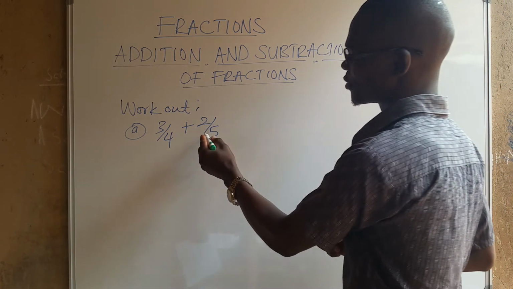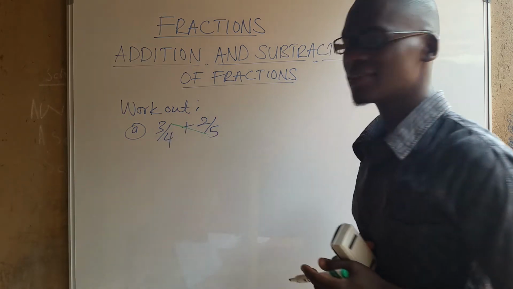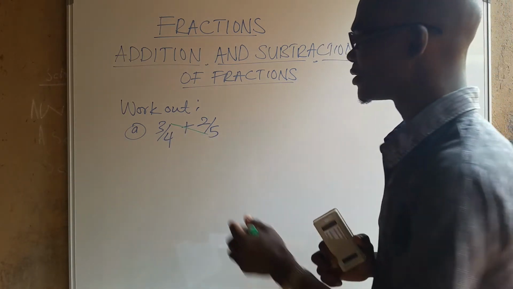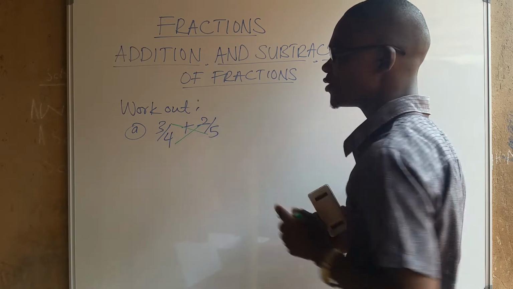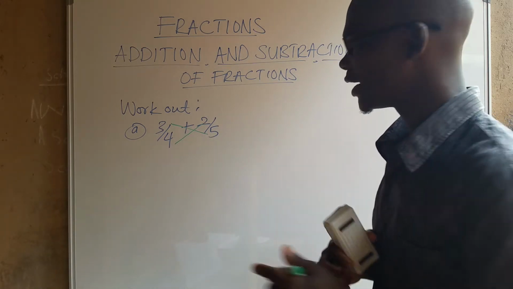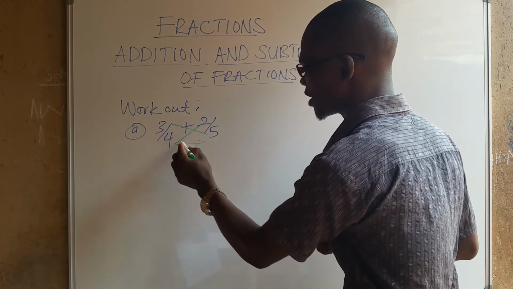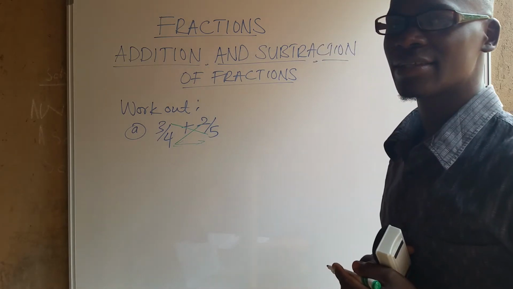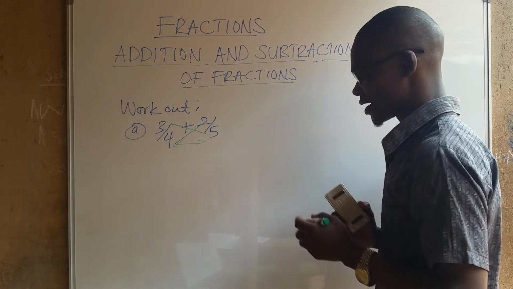I'll multiply 3 and 5 plus 4 and 2. Then I multiply the denominators.